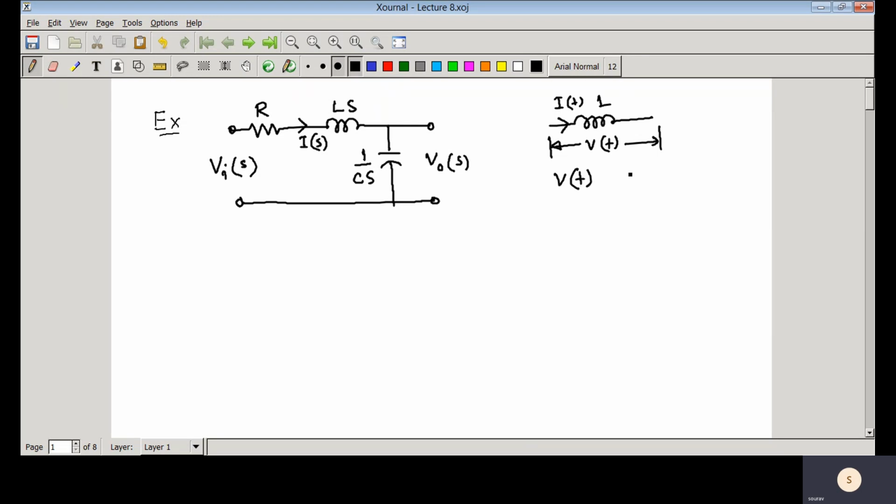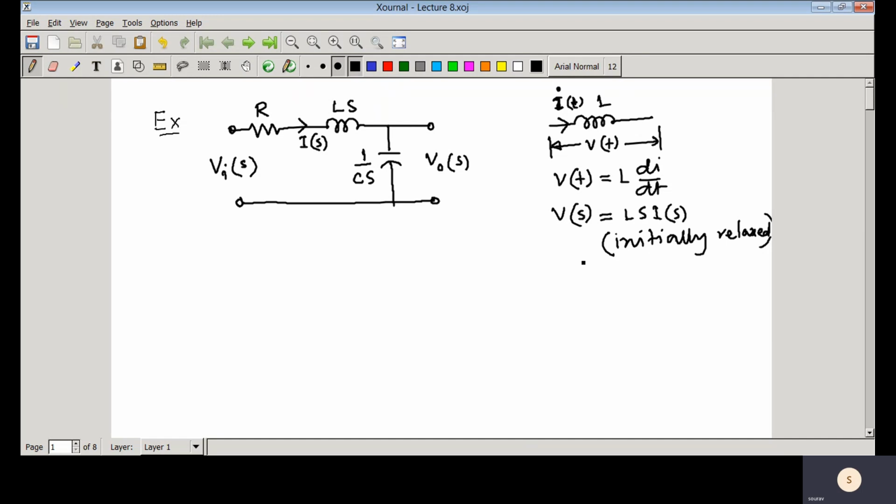Now v(t) equals L di/dt. Taking the Laplace transform, it would be Ls I(s), say initially relaxed. That means we consider the initial condition to be 0.